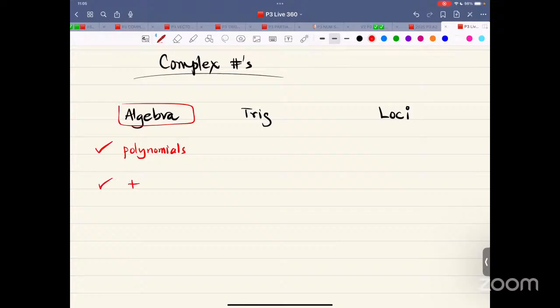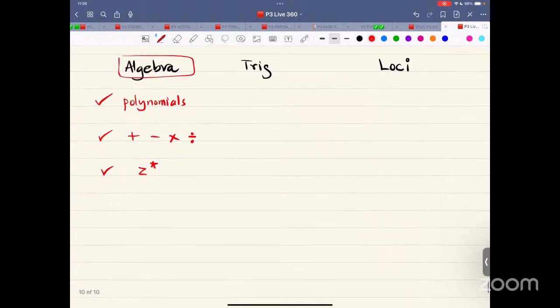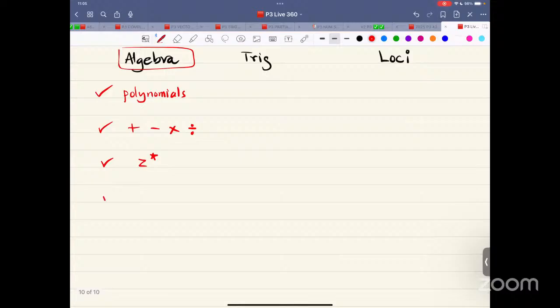It is about add, subtract, multiply, divide, the concept of conjugate, and what else is there? Division is already taken care of, something about square roots. And I think the most important thing over here is polynomials.